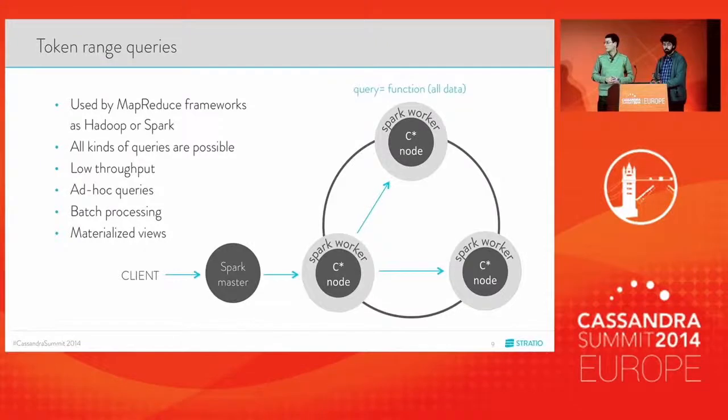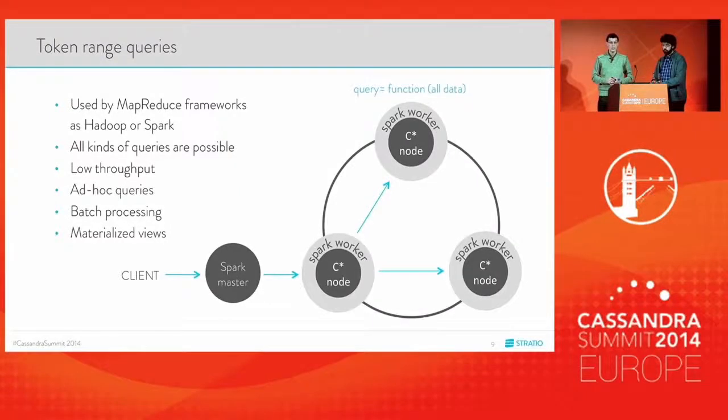The splits are used because, as shown in this sample, given a Spark installation, you have a Spark master, which is the node that receives a client request. Then that request goes to different nodes, and instead of having a coordinator, as in Cassandra, you divide your query among the Spark workers.